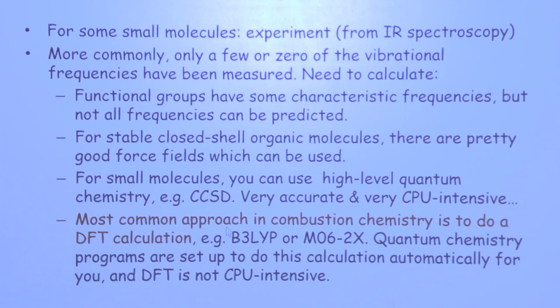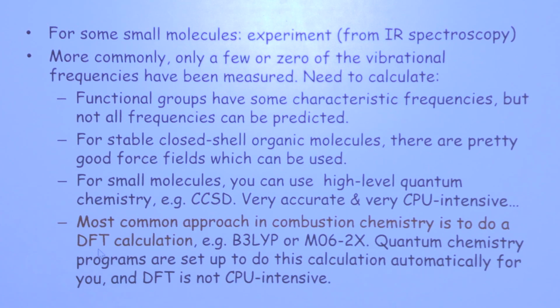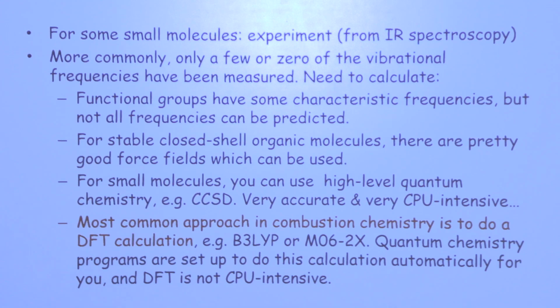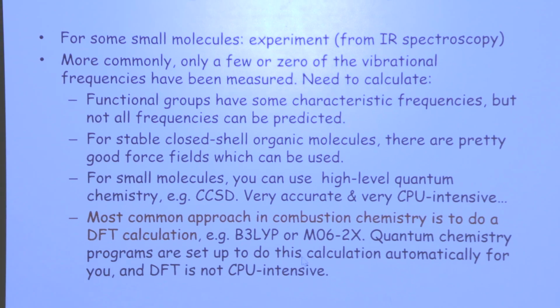So the most common approach is to do an approximate type of quantum chemistry calculation called a density functional theory calculation. That calculation is not very CPU intensive, so you can definitely do it even for pretty big molecules. It's approximate, but it's usually pretty good, though you're introducing additional approximations in the density functional theory.